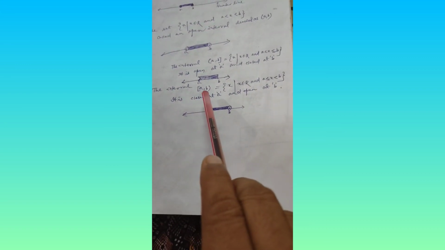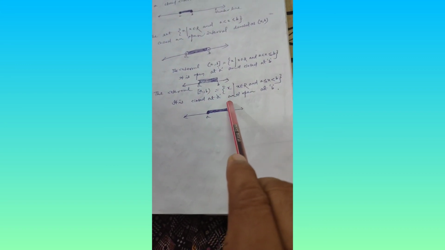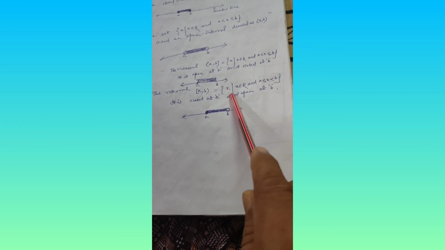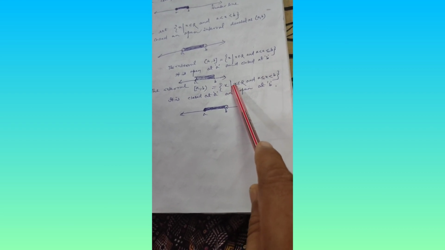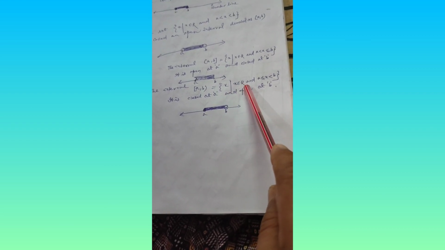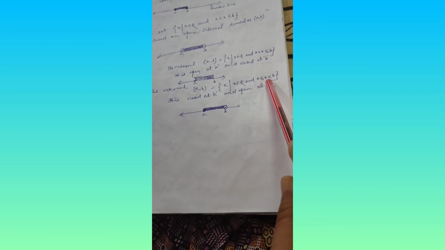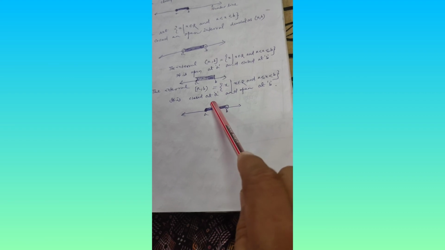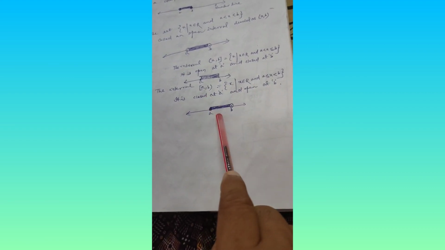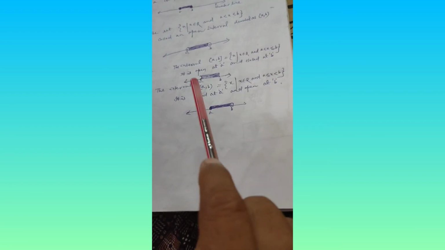The interval, which is the set of all x such that x belongs to R and x is greater than or equal to a but less than b, is closed at a and open at b. It is represented on the number line as shown in this figure.